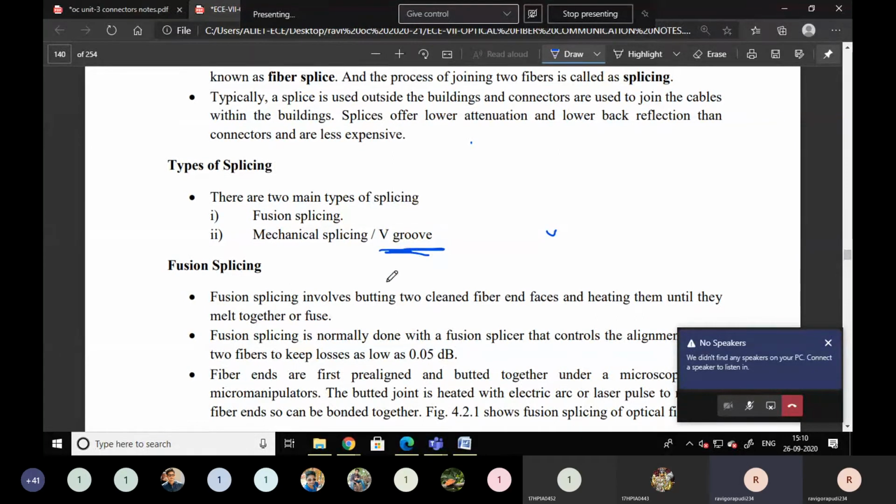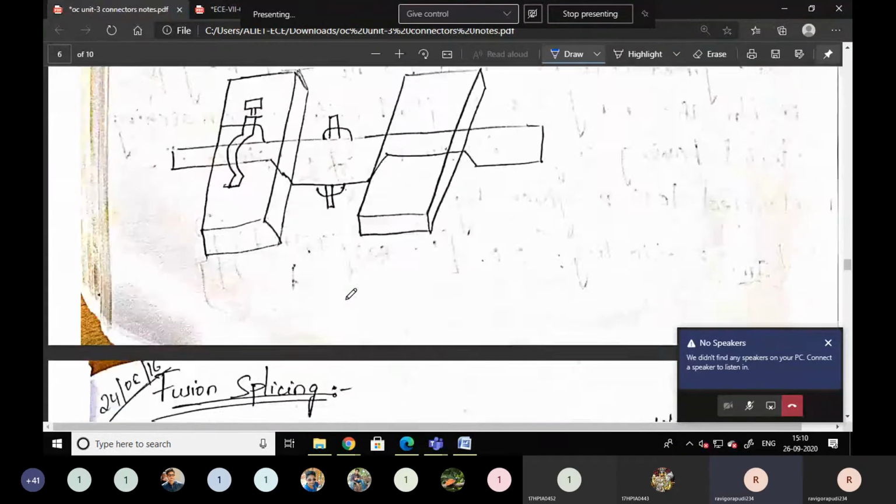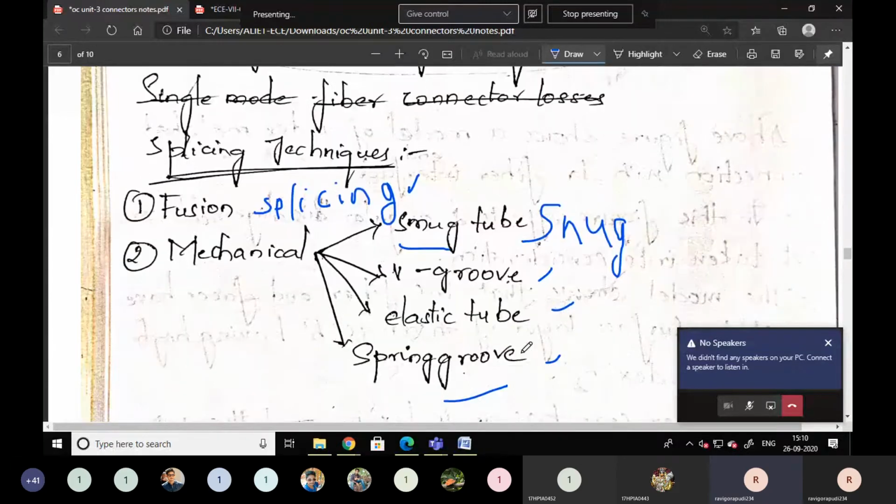Maybe here not all types are mentioned, only V-groove, which is why it says fusion and mechanical splicing. You can write all those types: fusion splicing and mechanical splice. In mechanical: snug tube, V-groove, elastic tube, spring groove.